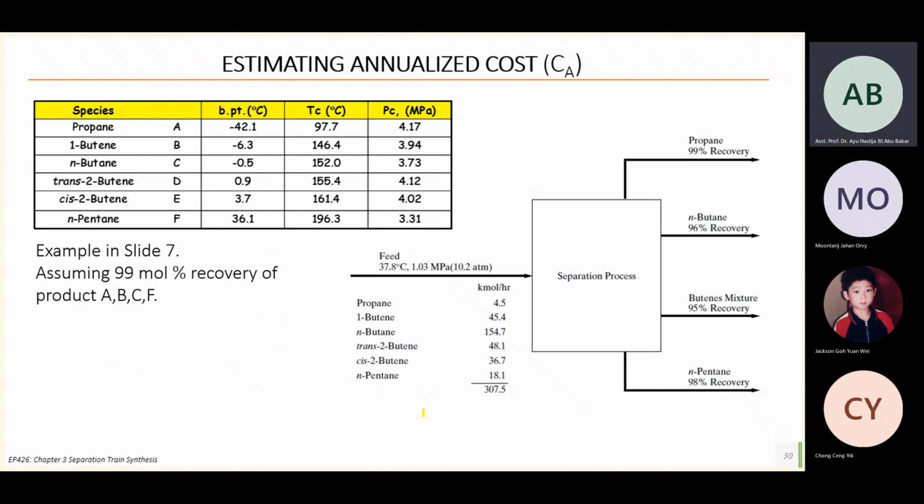Now this example shows you how to estimate the annual cost. Using the previous example, we have products A, B, C, D, E, F, where you will need to recover A, B, C, F: propane, butanes, and N-pentanes. These are the ones that you will recover.